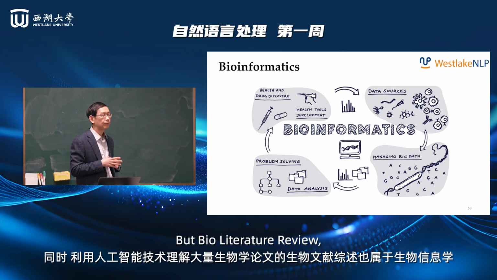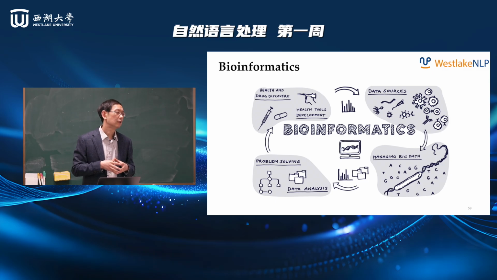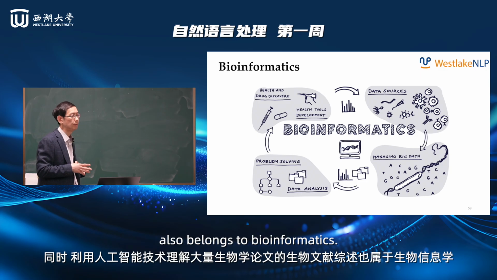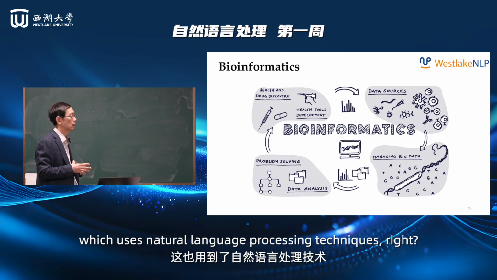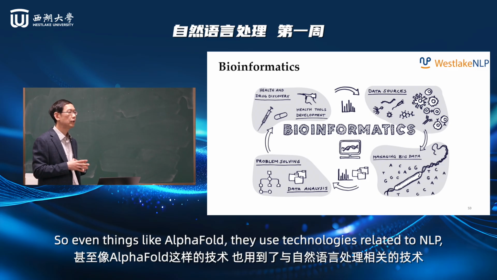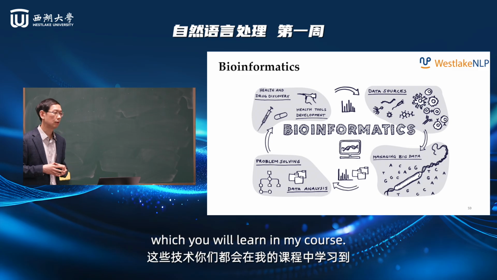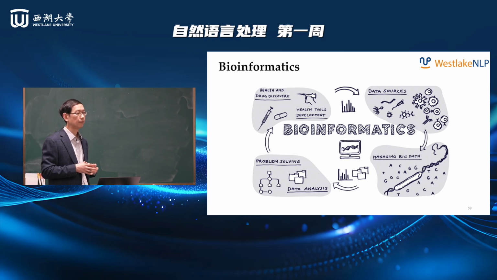But bioliterature review, which uses AI technology to understand a lot of papers, also belongs to bioinformatics and uses natural language processing techniques. So even things like AlphaFold use technologies related to NLP, which you will learn in my course, okay?